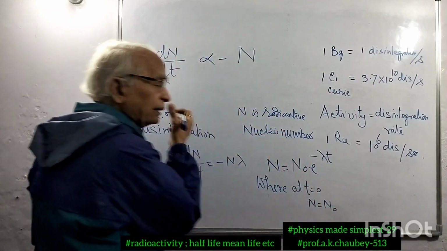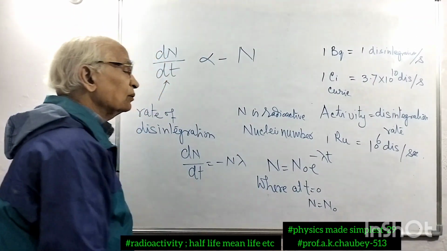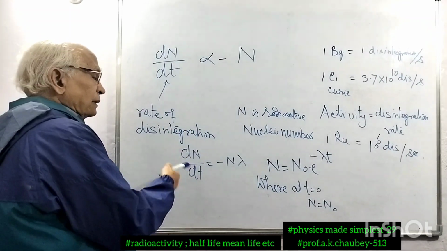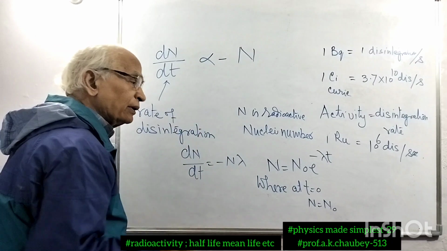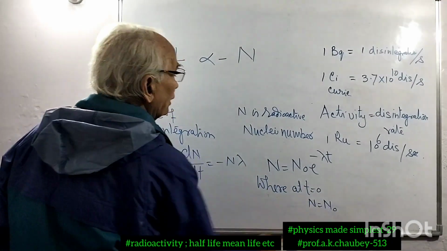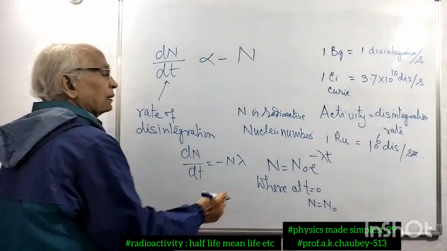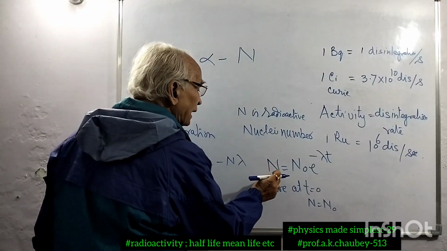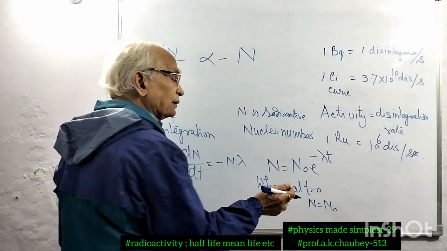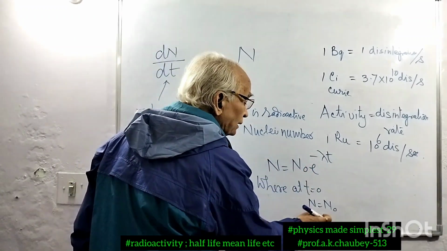N naught is the initial number of radioactive nuclei at t equal to 0. When you integrate, you find the constant of integration by putting the condition t equal to 0, N equal to N naught. N is the number of radioactive nuclei at any time, and N naught is at t equal to 0.